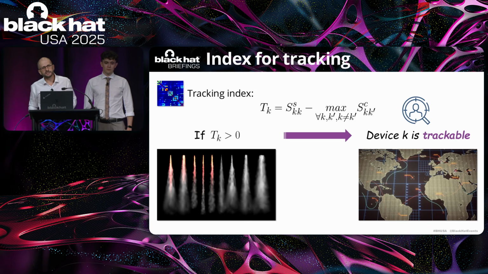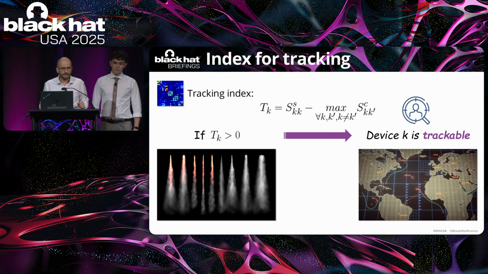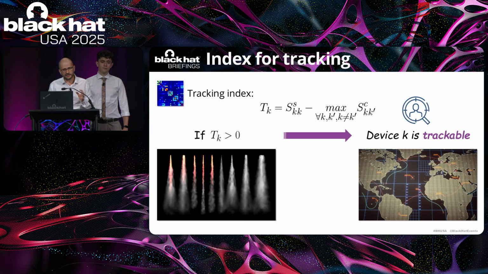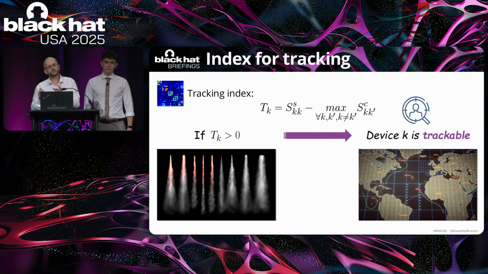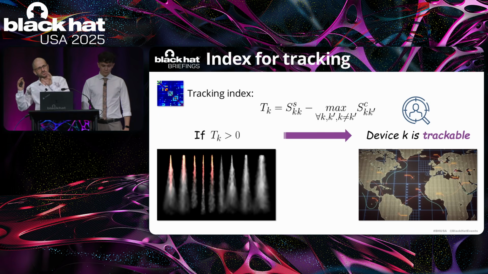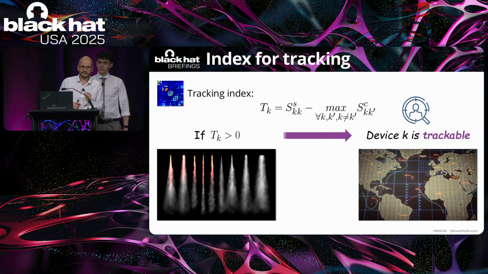And if we take these 2 equations, we have a very simple mathematical third equation, right? Which is the tracking index. And this is computed by taking the self-similarity from which we subtract the maximum co-similarity. And if this value is positive, it means that we can distinguish the device from the pool of devices that we have in our management.